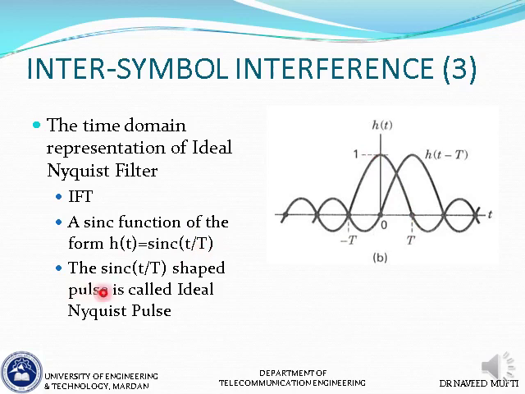This sinc shaped pulse is called the ideal Nyquist pulse. This figure is showing you multiple sincs, but I am just talking about one. So this is the ideal Nyquist pulse. This is also another ideal Nyquist pulse. So any pulse of the sinc shape is called an ideal Nyquist pulse.